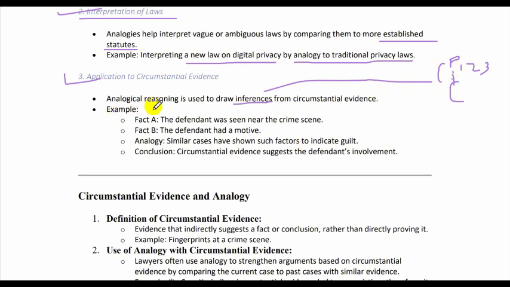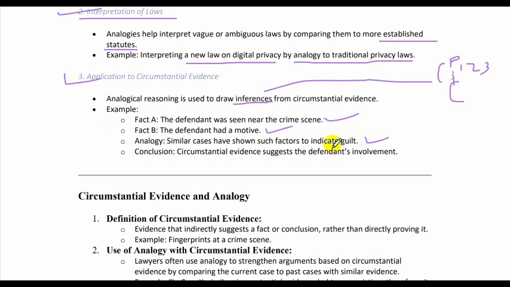So analogical reasoning is used to draw inferences from circumstantial evidence. These are probabilistic. We are not certain, because this is inductive reasoning. Example, fact A: the defendant was seen near the crime scene. The defendant had a motive. Fact B, analogy: similar cases have shown such factors to indicate guilt.